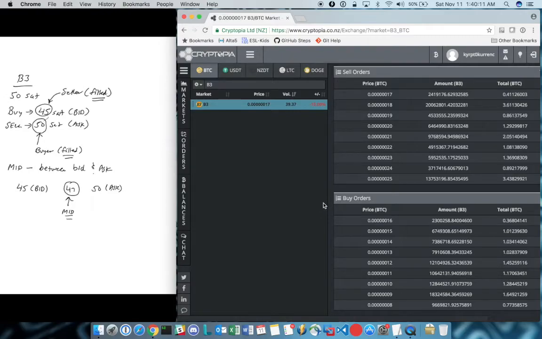Because imagine you're a seller that has now come down in price and the entire market now knows it. You believe that the fair value of your coins is 17. Everyone on the buy side doesn't agree, right? Especially this one here. This guy thinks 16 is the fair market value for buying some batch of B3.